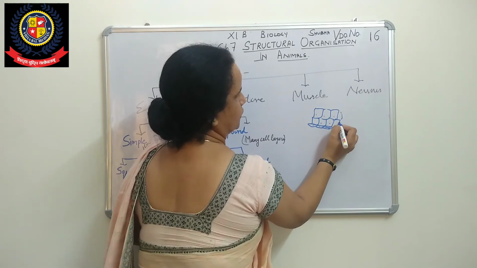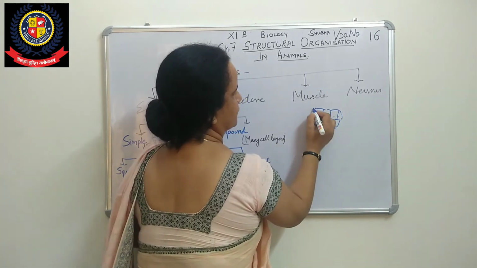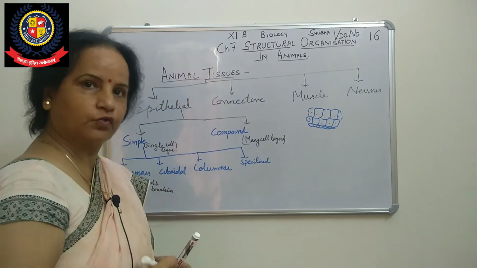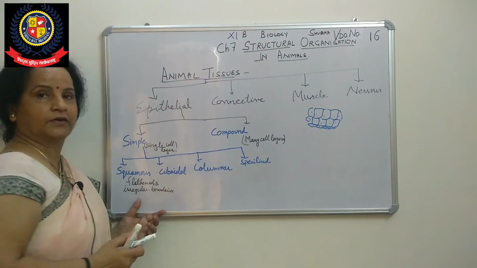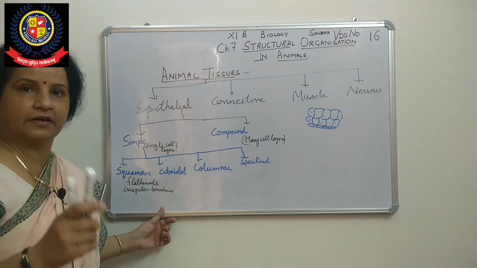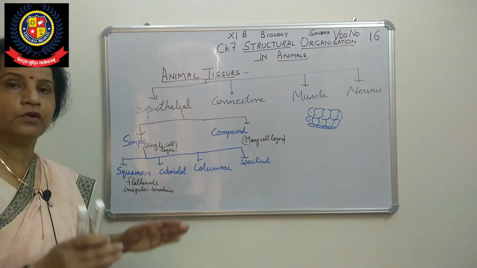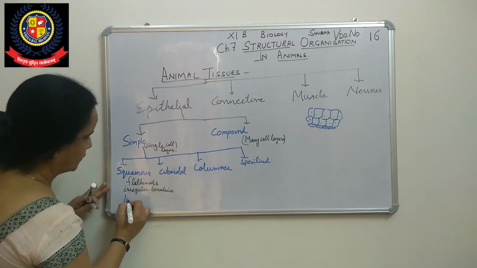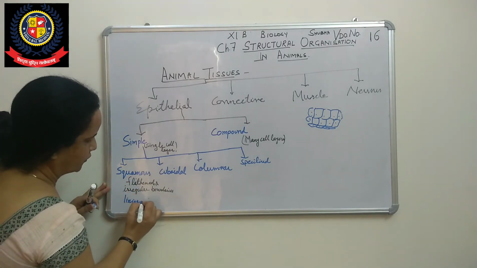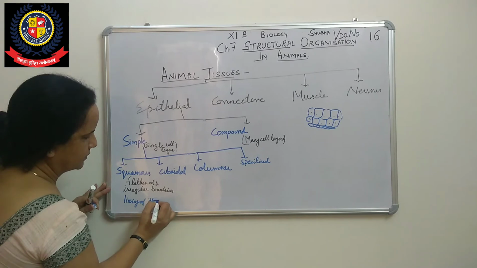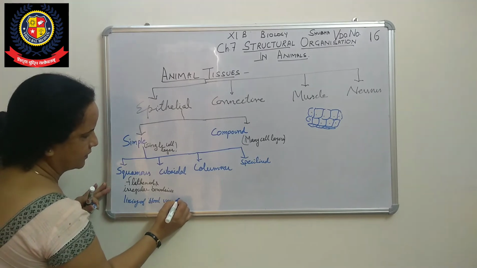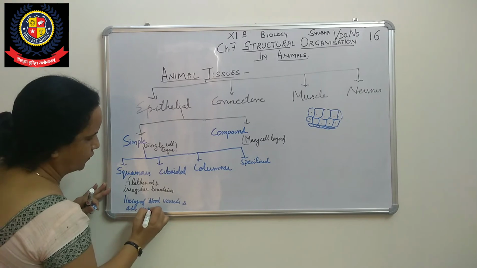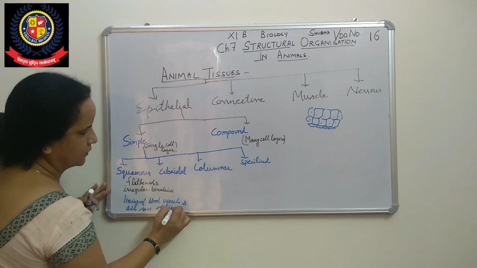So these are squamous epithelial tissue, mainly present in the lining or covering of blood vessels and air sacs of lungs.